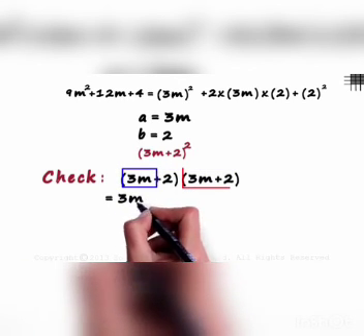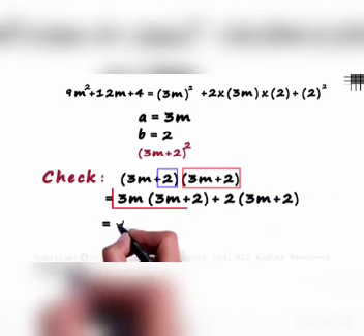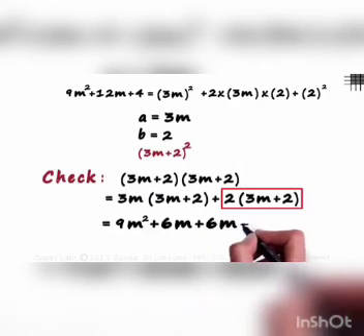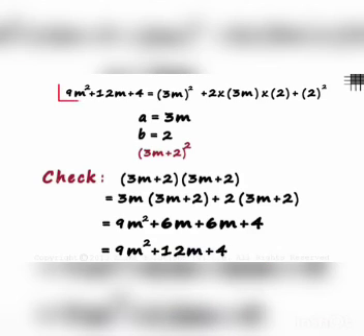We multiplied this with this and this with this. We get 9m squared plus 6m plus 6m plus 4. We add the like terms to get 9m squared plus 12m plus 4, which is our original expression. Our answer is correct. 9m squared plus 12m plus 4 can be written as 3m plus 2 the whole squared.